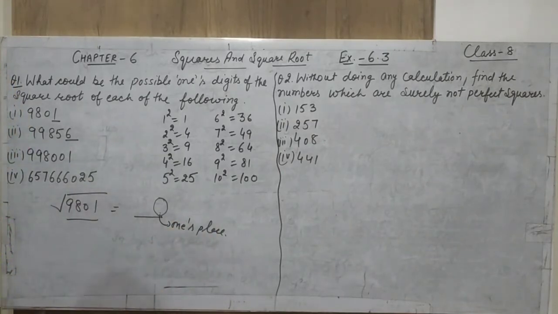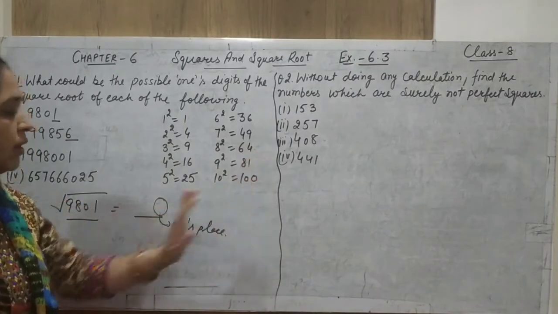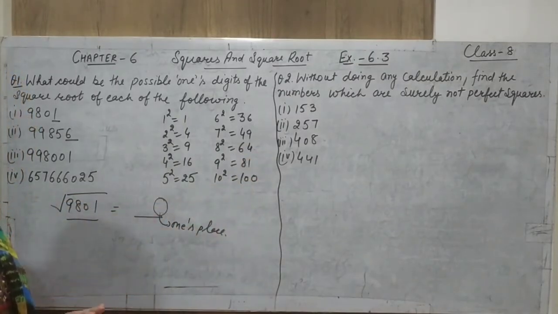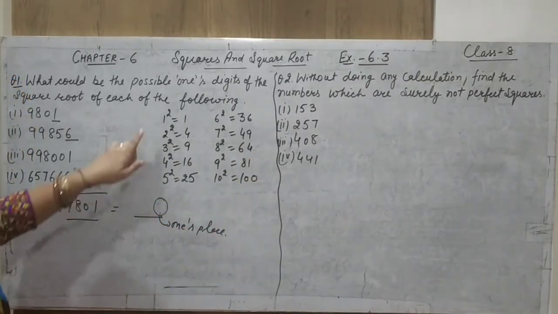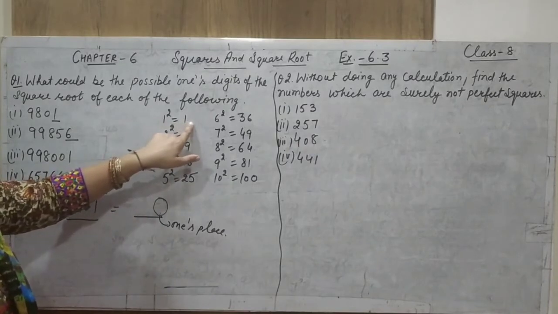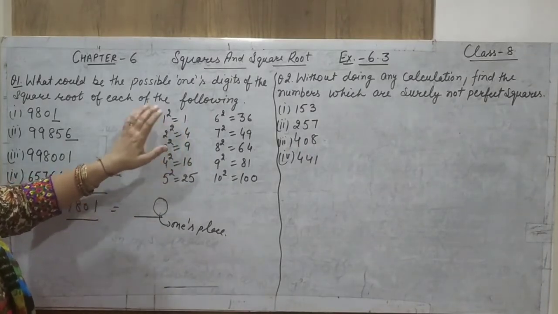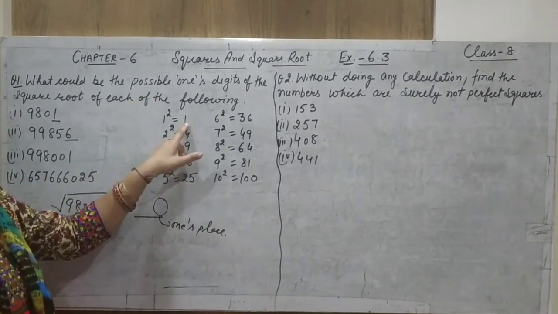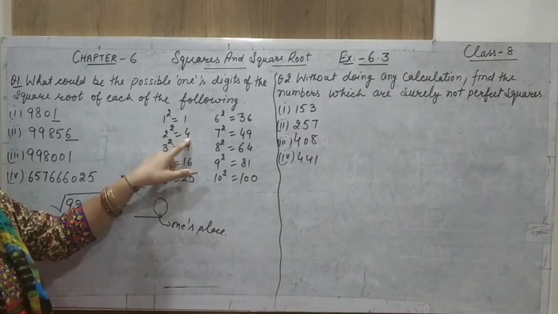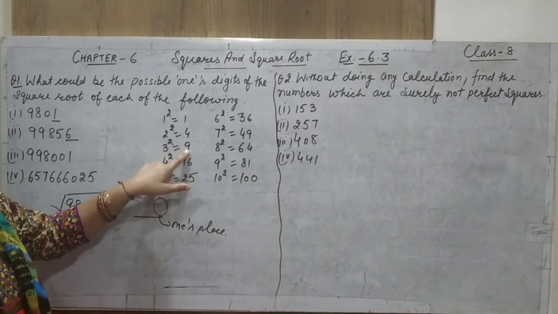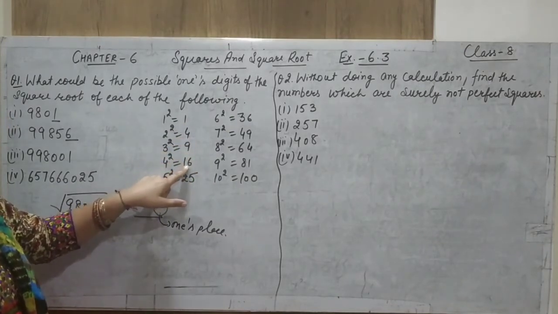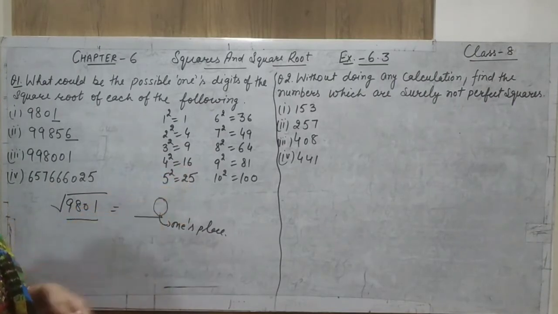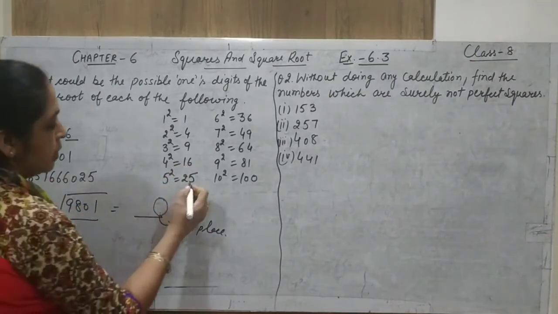Now if we observe the squares of the numbers 1 to 10, suppose 1 square is equal to 1. At the unit place we have 1. Here is only one number. Now, in which number does 1 come at the unit place? Here the unit place is filled by 4. Unit place filled by 9. Unit place filled by 6. Unit place filled by 5.